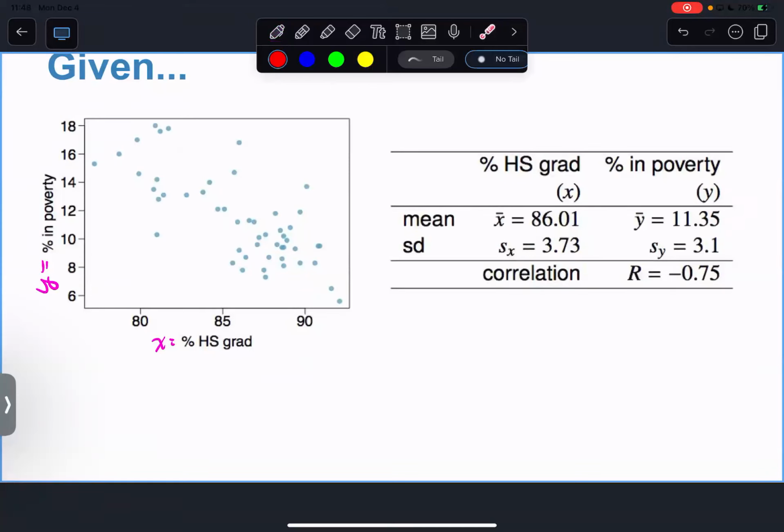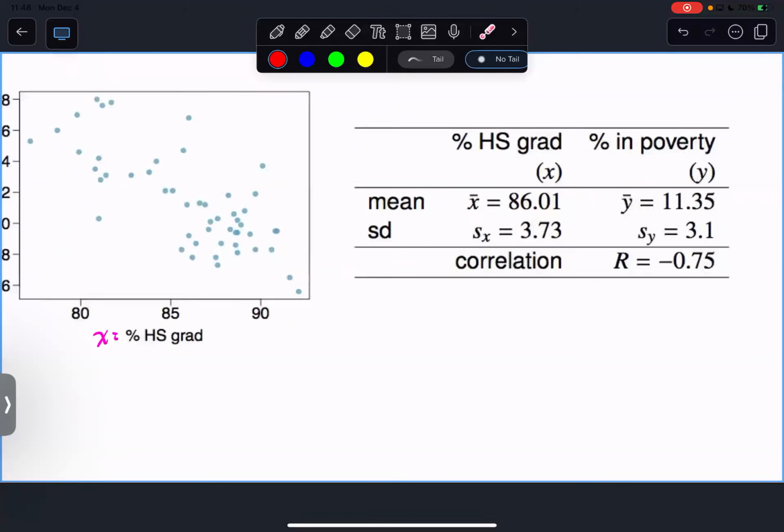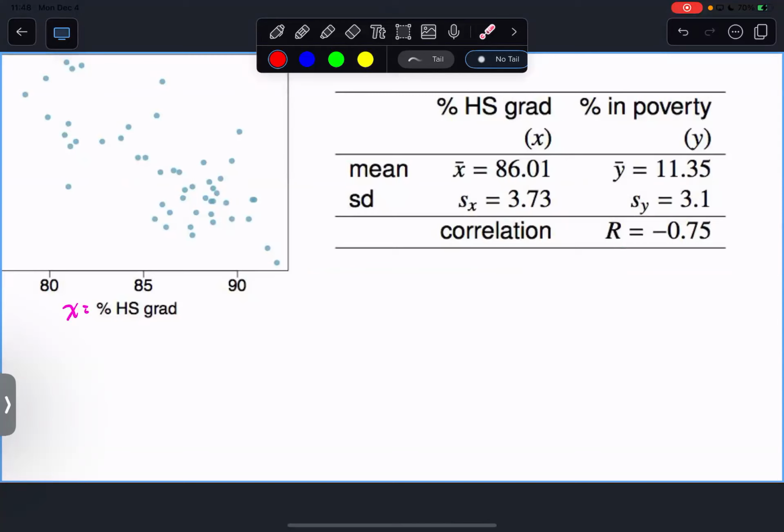I might say the mean percentage of high school grads is 86.01% with a standard deviation of 3.73. Then it's your job to say, okay, X bar, because my percentage of high school grads is X bar, is 86.01 with a standard deviation s_x of 3.73. So here, correlation is just using capital R, but I like little r, doesn't matter.